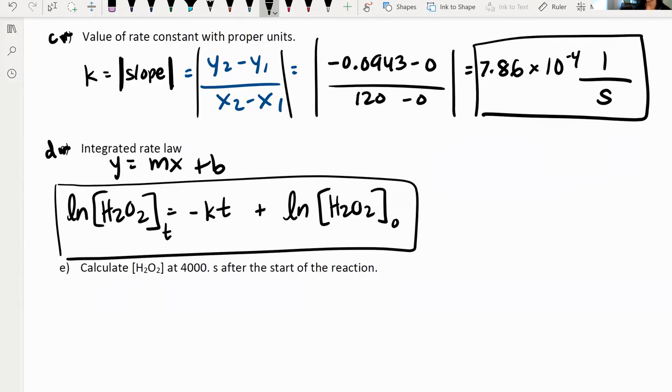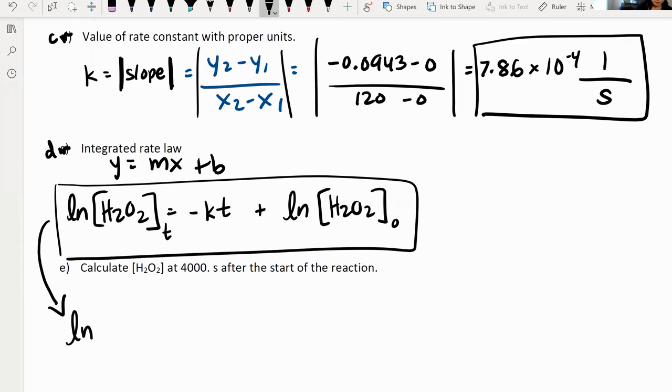They give you concentration and they ask you to solve for time. So we're going to take our integrated rate law and substitute in the numbers. We're going to take this answer from part D, and I'm going to sub in the time, sub in the k, and sub in our y-intercept.